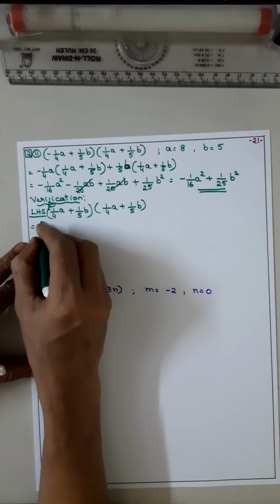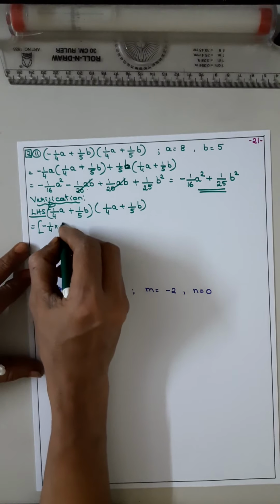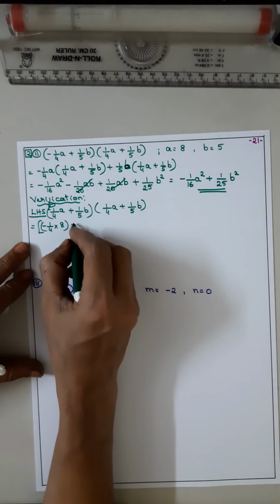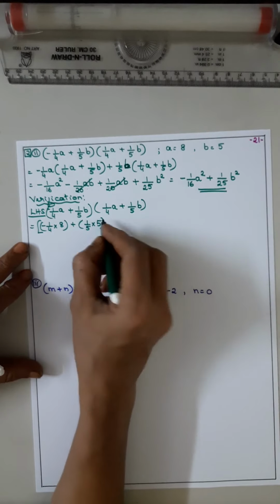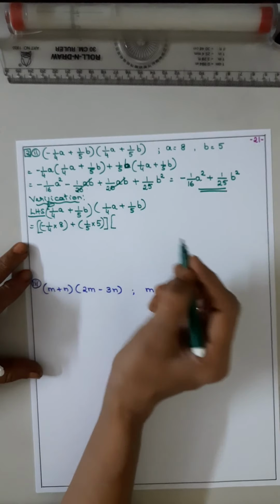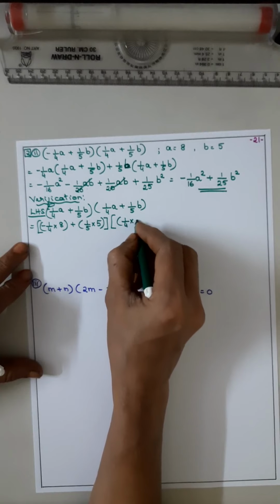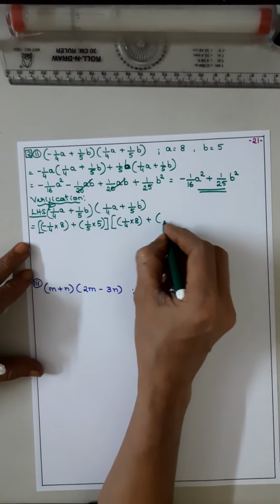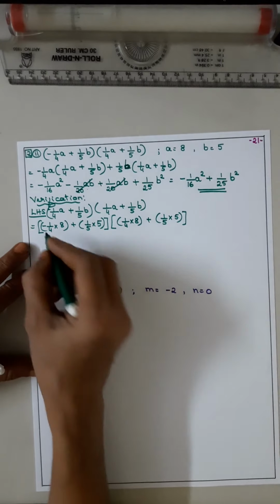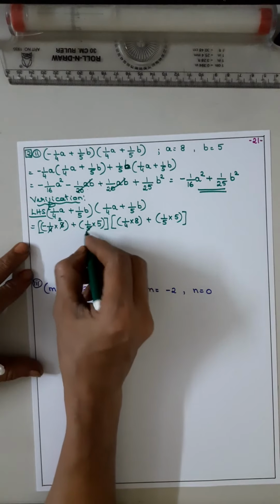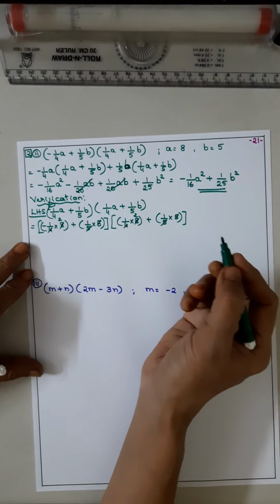It is a square bracket open, minus 1 by 4 into a is 8 plus 1 by 5 into b is 5. Bracket close. Again square bracket open. 1 by 4 into 8 plus 1 by 5 into 5. Bracket close. 4 1s are, 4 2s are, 5 5 cut.